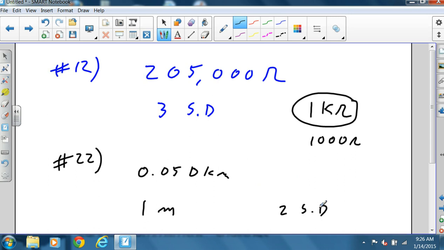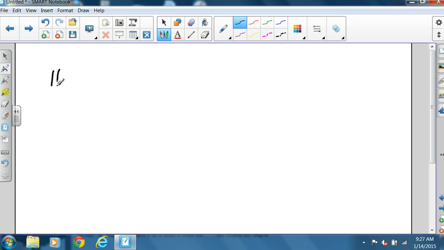Number 38. In this set of measurements, find the measurement that is least accurate and the one that's least precise. This is probably a trick question, right? 39, 38. Sure, I'm glad I'm not doing 39.